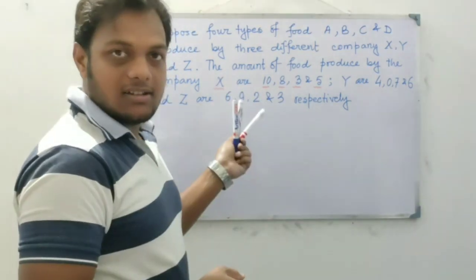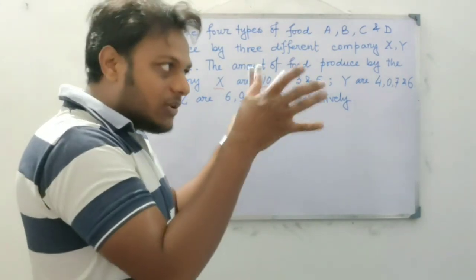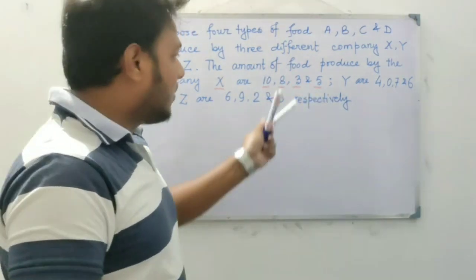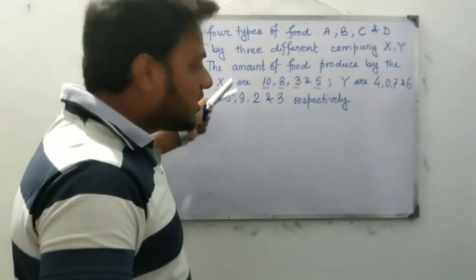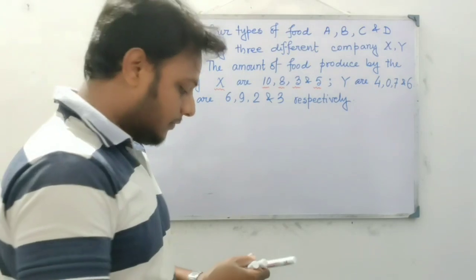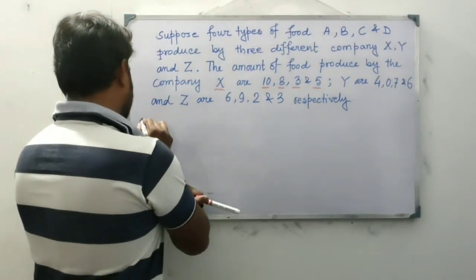Basically this is the data, the information. We can arrange it in a rectangular table so that we can easily understand all the information. Look at the board, you will understand.